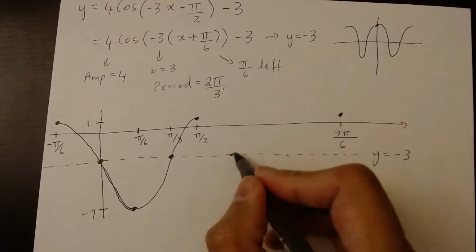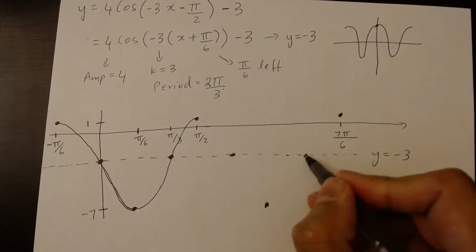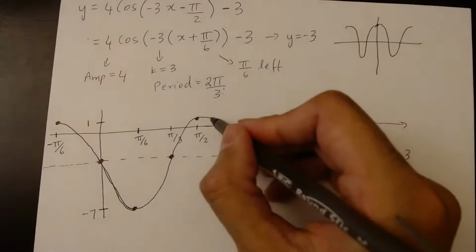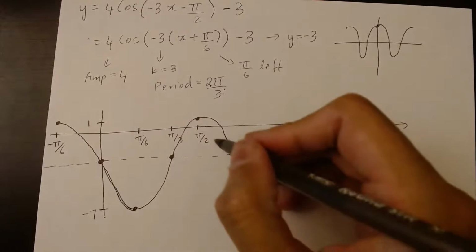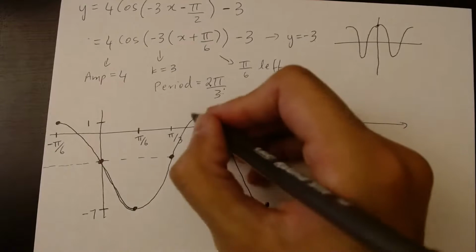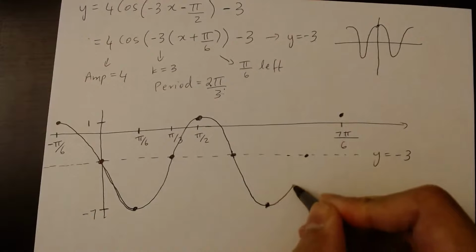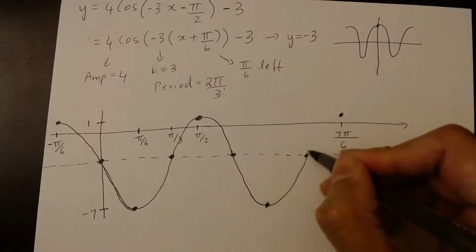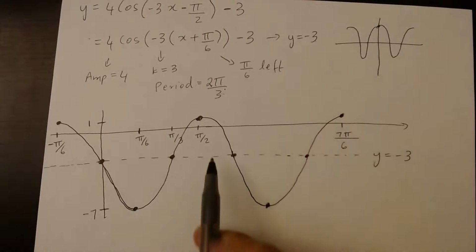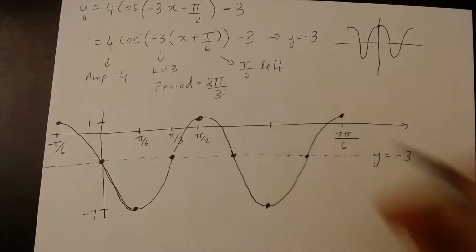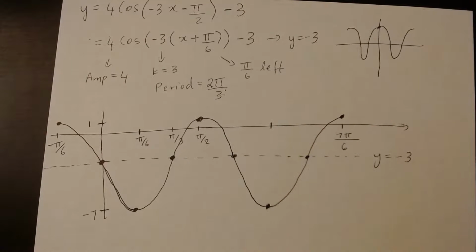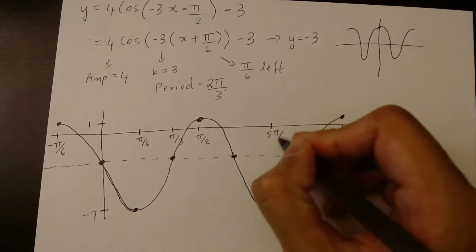Then my two axis points are going to be directly in between these two, and I can use my midpoint formula to calculate these again. I can find the midpoint of these two to find this middle point here. Pi over 2 plus 7 pi over 6 divided by 2 is 5 pi over 6.